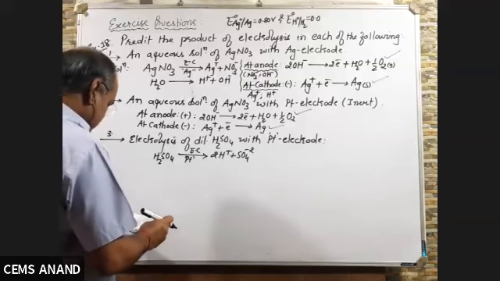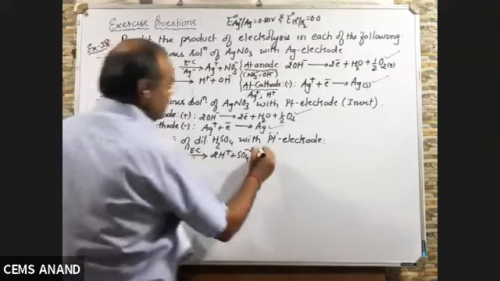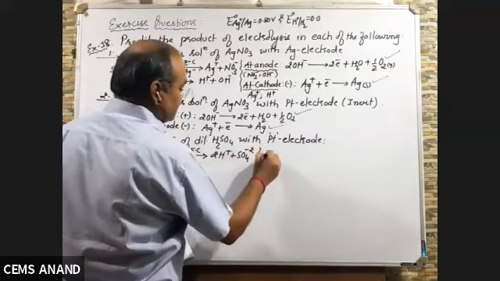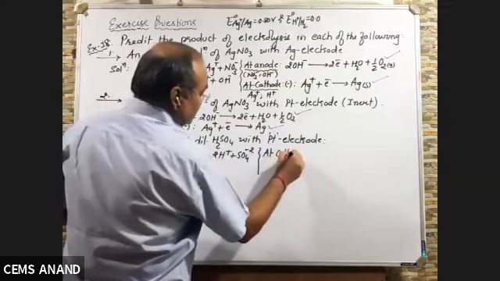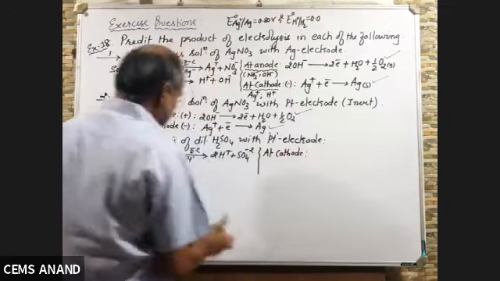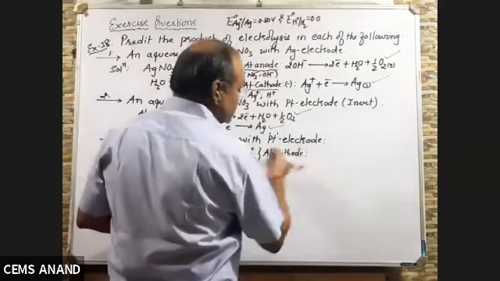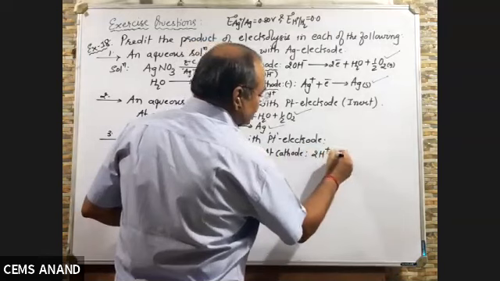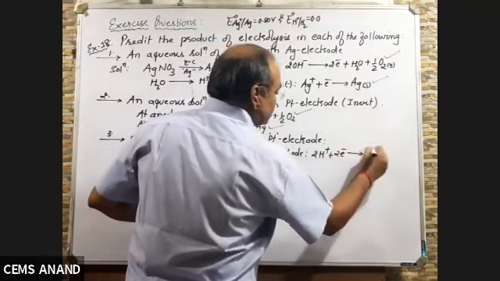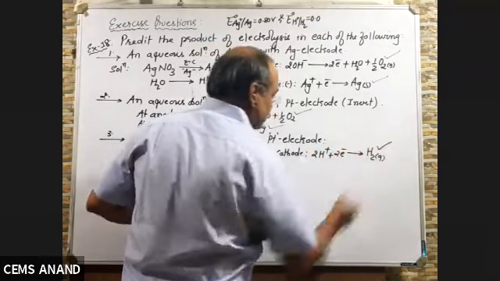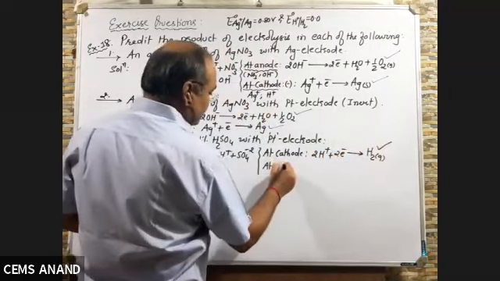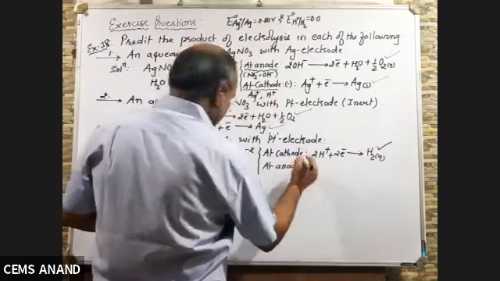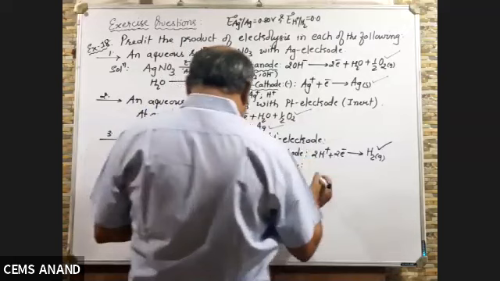So at cathode, here you can write, H plus, whether it is water or not, it will be H plus. So 2H plus takes 2 electron and gets deposited as H2 gas. This will be your answer. But at anode, what will happen?